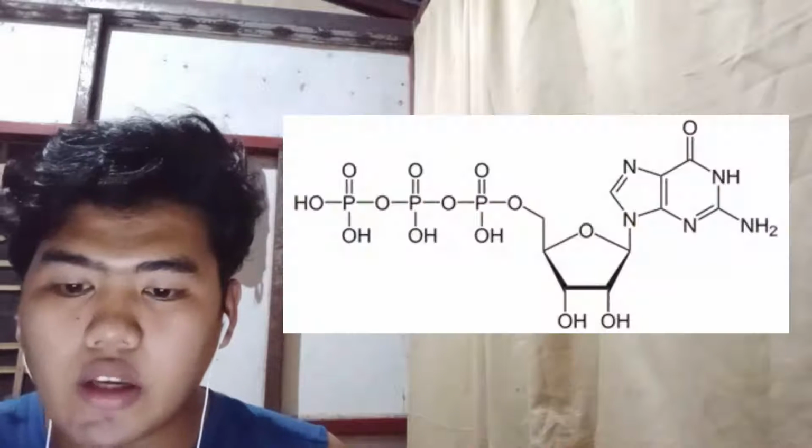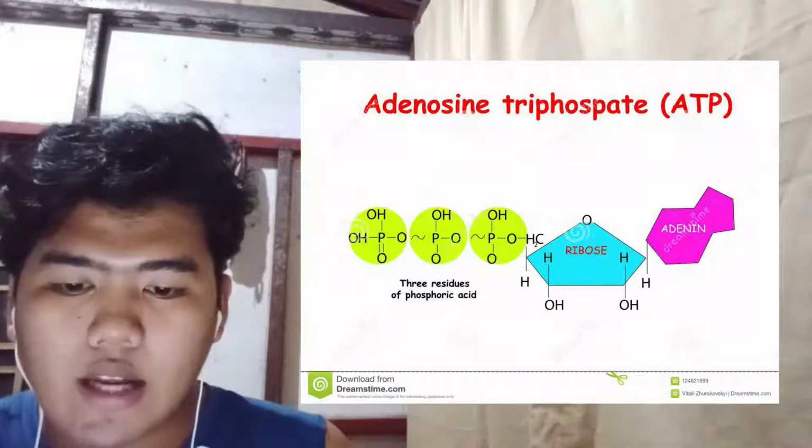Each turn of the cycle forms 1 GTP or ATP as well as 3 NADH molecules and 1 FADH2 molecule, which will be used in further steps of cellular respiration to produce ATP for the cell.